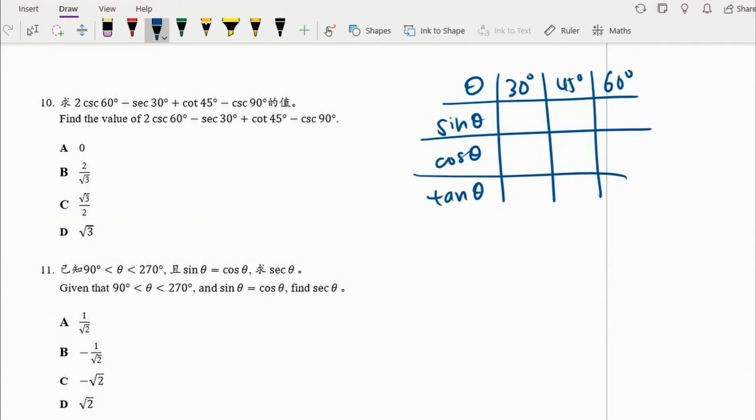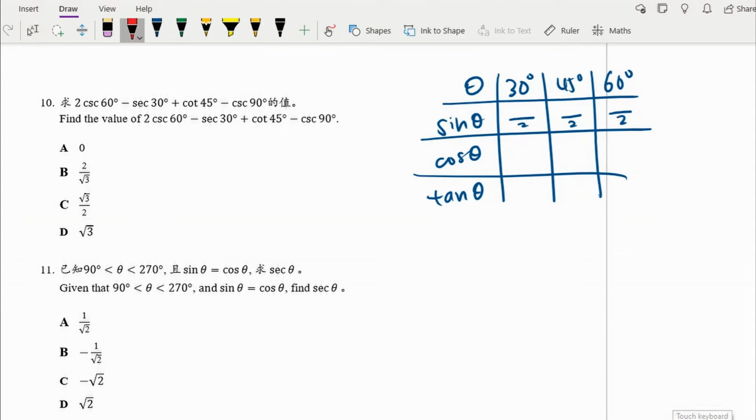For sine, listen, you just have to remember it's always a fraction, and the denominator is always 2. This is the first thing you need to remember. For sine, you arrange 30, 45, 60. The denominator is always 2.